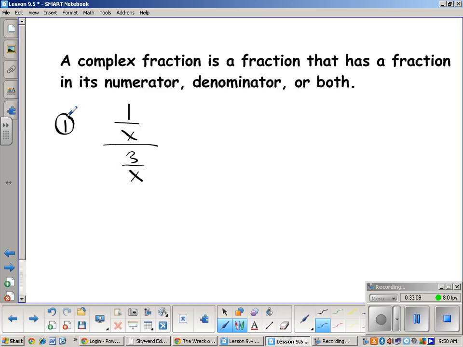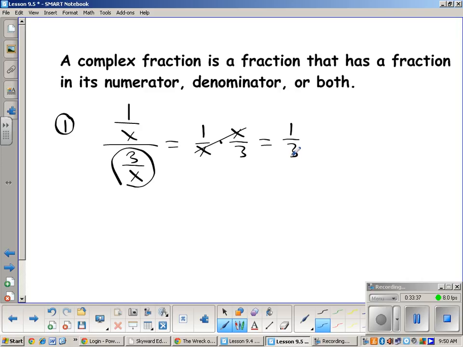We don't want to leave our answer that way. That's the point of this problem. So remember, keep, change, flip. First fraction is 1 over x, times, instead of divide, and then flip the second fraction. So it's x over 3. What happens? The x's cancel. I get 1 over 3.